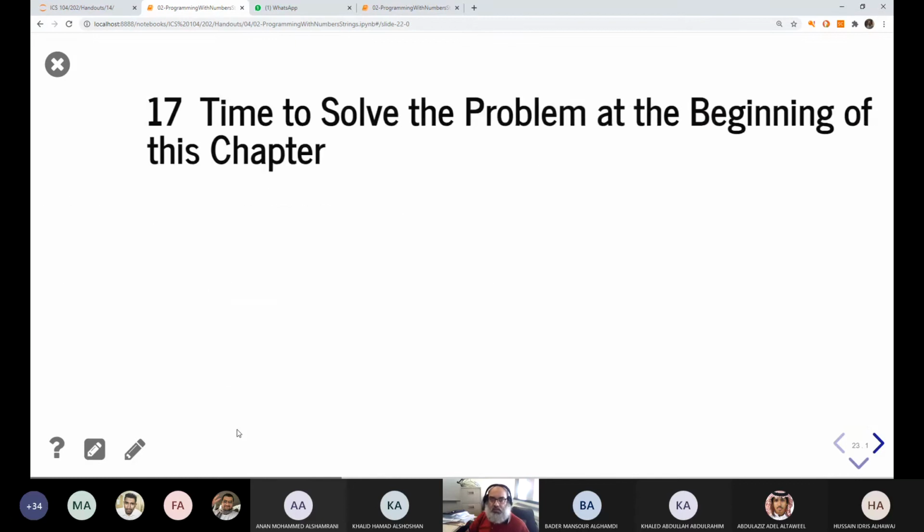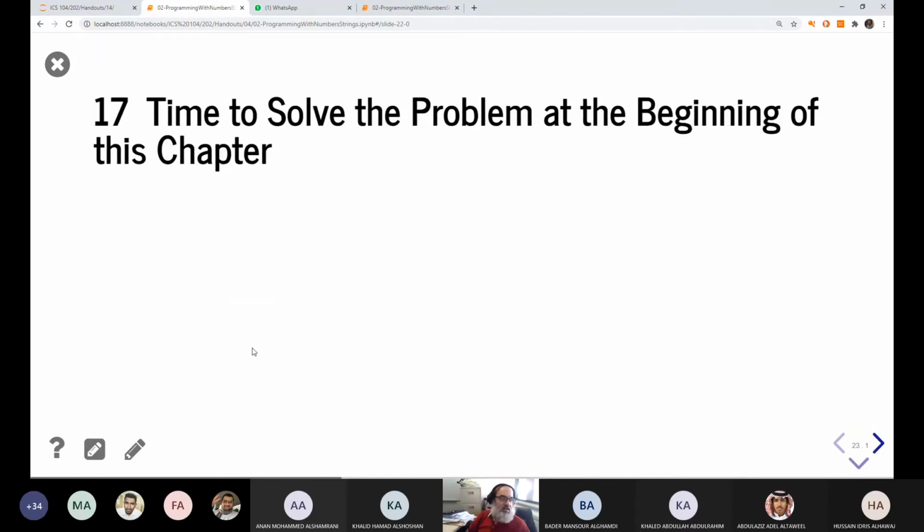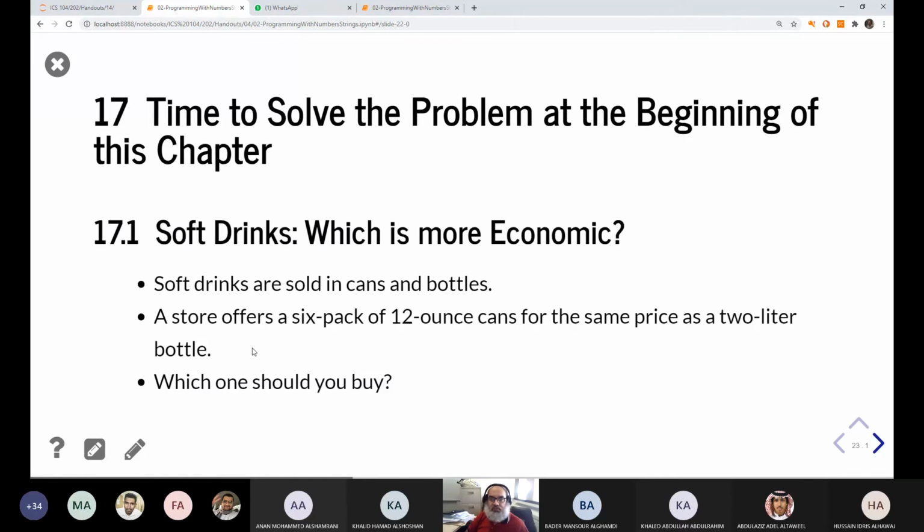Okay. Right. So let's try to solve the problem at the beginning of this chapter. Soft drinks, which is more economic. And we know now what we need to do in order to solve this problem.